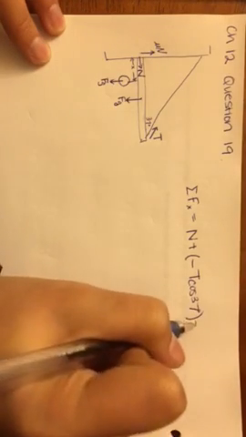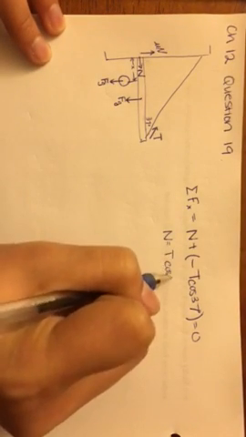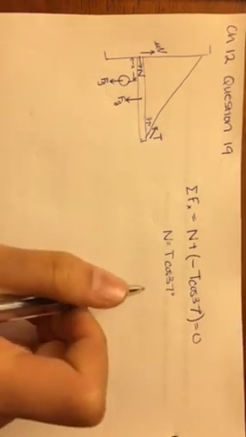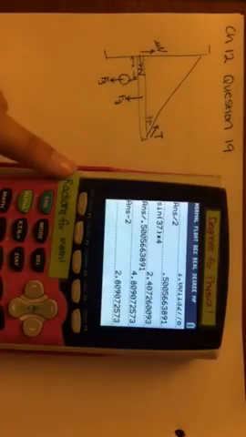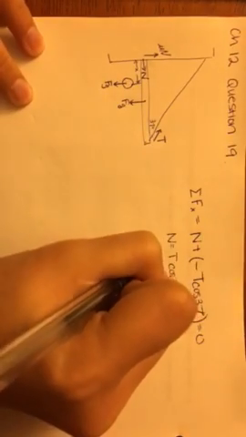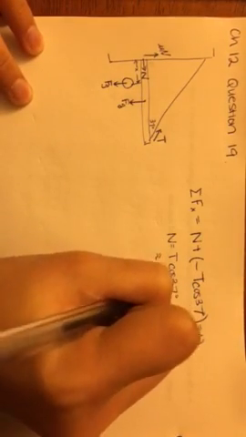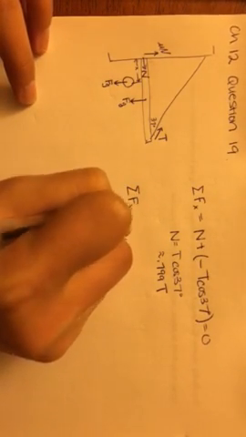And this would, of course, equal 0. So N would equal T cosine 37. And if you want to know what cosine 37 is, it's 0.799, so just 0.799 T.